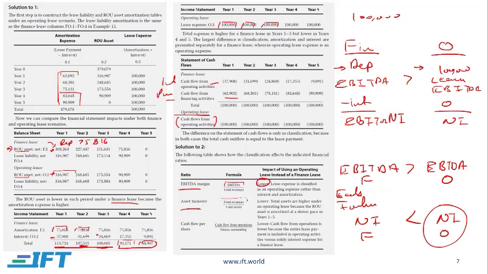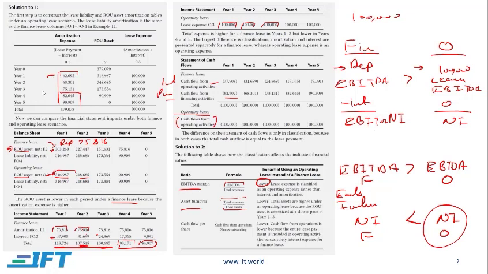Asset turnover, that's your total revenue divided by total assets. Now look at what's happening to your assets under operating lease. As we have discussed before, your operating lease assets are much higher than the assets in your finance lease. Why? Because in finance lease we are deducting 75,816, and in operating lease we are deducting 62,092, which is your principal repayment, in order to get your assets.